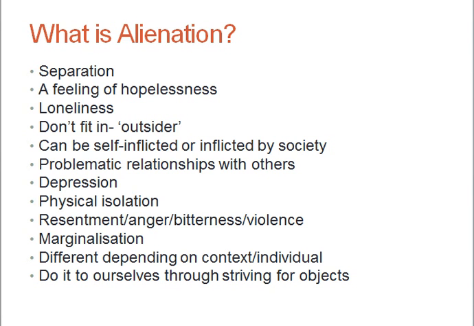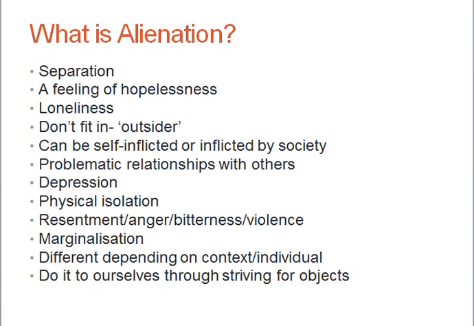These are some of the key elements of that. So you could see it covers a multiple amount of different aspects, doesn't it? From problematic relationships to physical isolation, so characters who are geographically remote and removed from others.